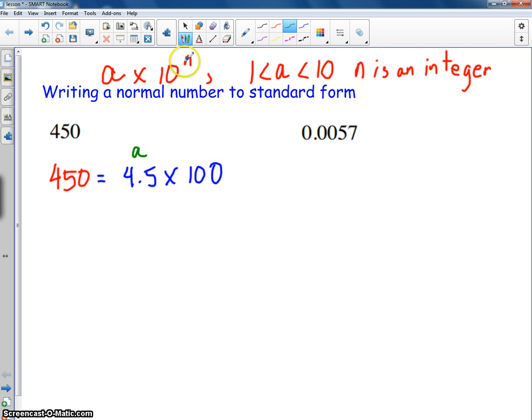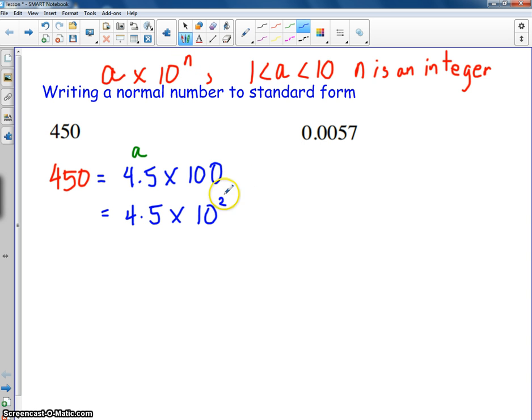And looking at the second part of the formula, it should be 10 to the power of n. Now, how can we change 100 into the form of 10 to the power of n? We can further simplify this to 4.5 times 10 squared. 10 squared is in the form of an index, and therefore 2 is equal to n.